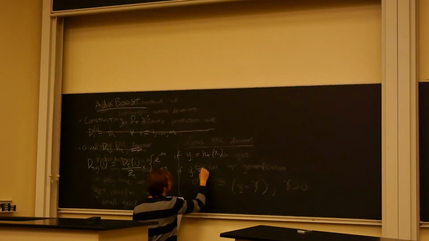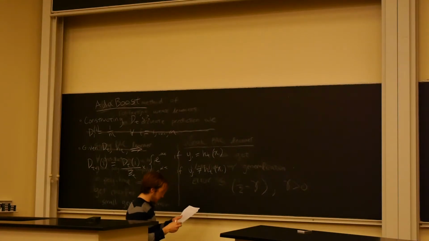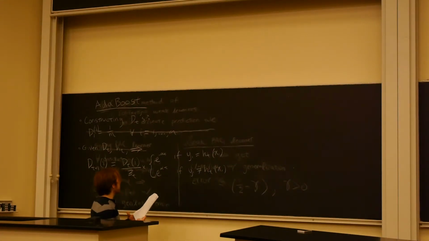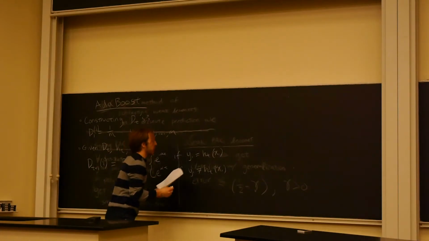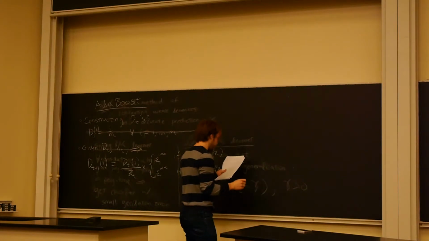So if yi is not equal to h sub t of xi. And we can write this a little bit more cleanly. I'll write it over here because it looks a little bit more clean as the following.